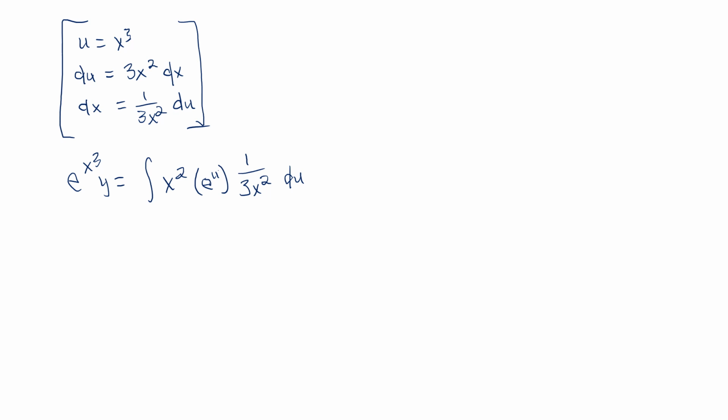All right. Then when we simplify this, the x squares cancel. So we'll be integrating 1/3 times the integral of e to the u du, which equals 1/3 e to the u plus c.